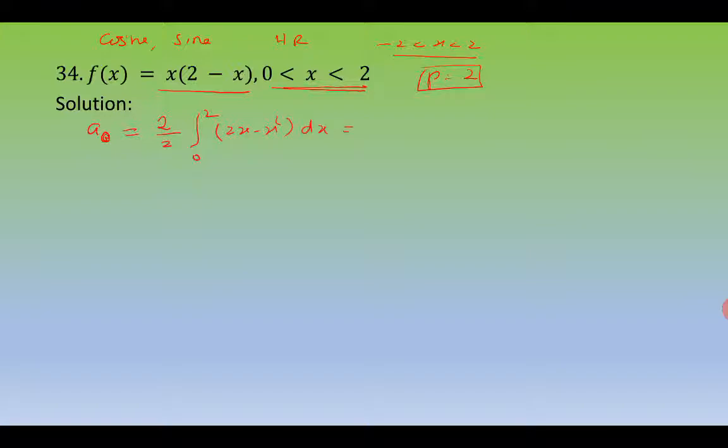When you integrate this, you will get 2x square over 2 minus x cube over 3 from 0 to 2. Outside it will be 1. When you substitute the upper limit, it will be 4 in the first term minus 8 over 3. That's all. 0 will make everything 0. 12 minus 8 is 4 over 3. A0 is 4 over 3. Next, An.